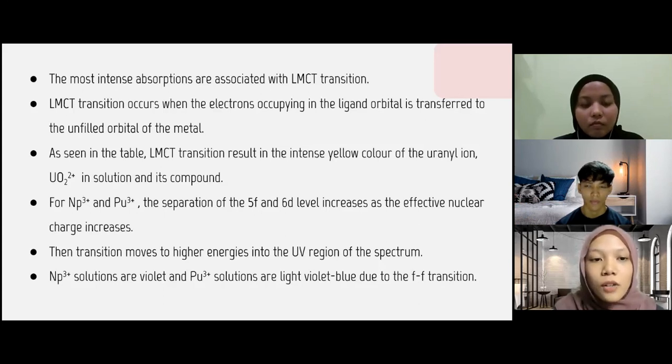For neptunium 3+ and plutonium 3+, the separation of the 5f and 6d levels increases as the effective nuclear charge increases. Then, transitions move to higher energies into the UV region of the spectrum. Neptunium 3+ solutions are violet and plutonium 3+ solutions are light violet blue due to f to f transitions.